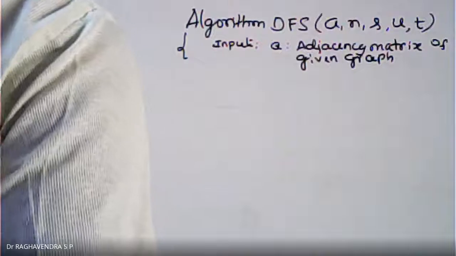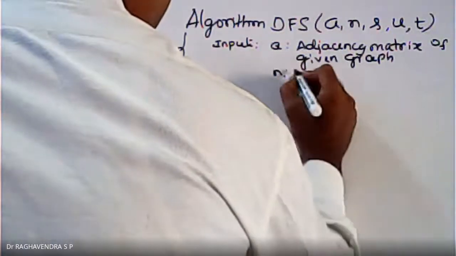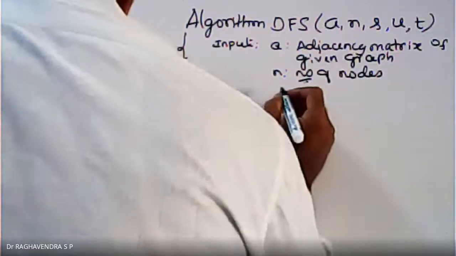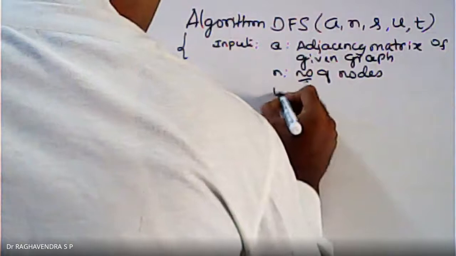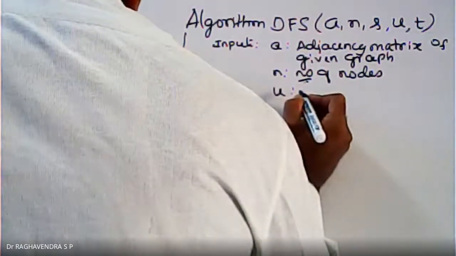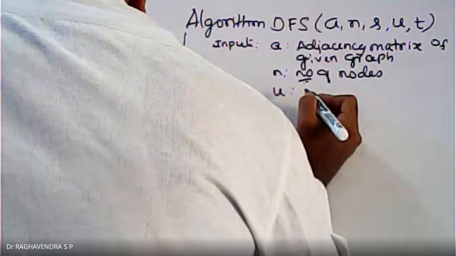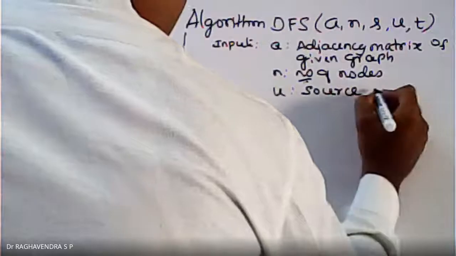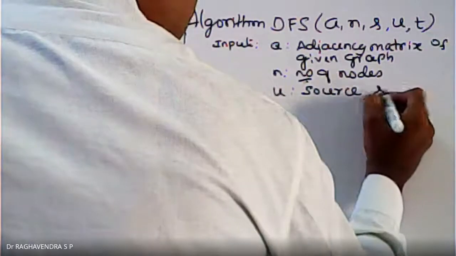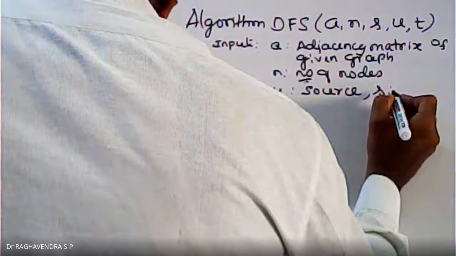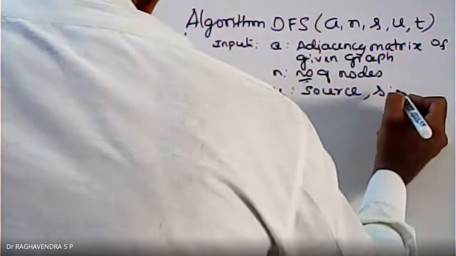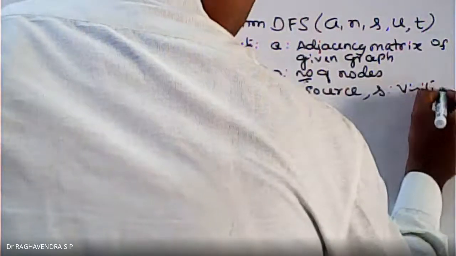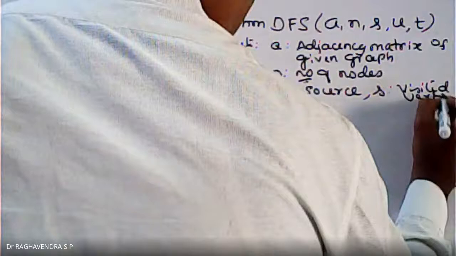Then n means the number of nodes in the graph. Then we have u, the node from which the traversal starts in the graph. Similarly, we have S. S indicates the visited vertices.